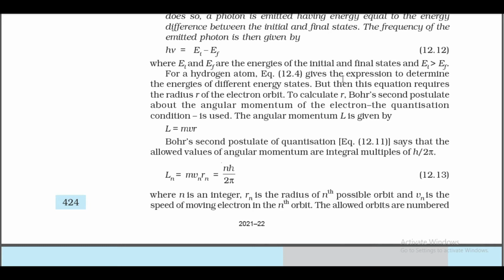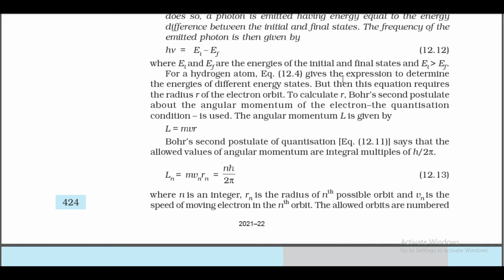For a hydrogen atom, equation 12.4 gives the expression to determine the energies of different energy states. But this equation requires the radius r of the electron orbit.